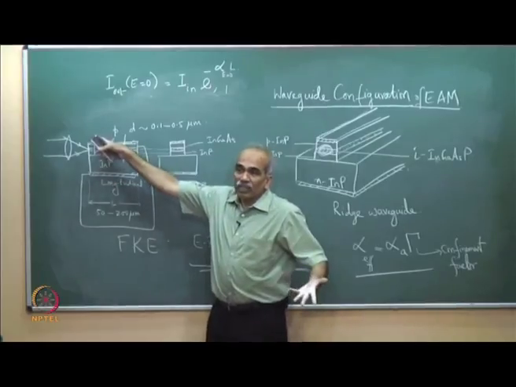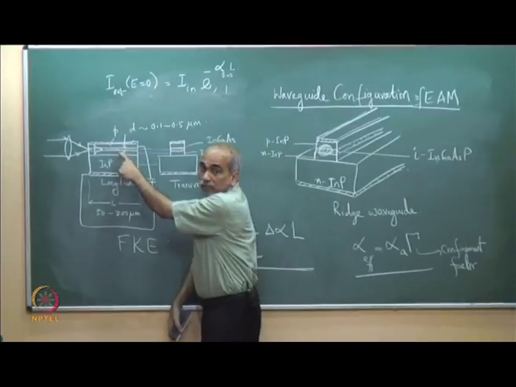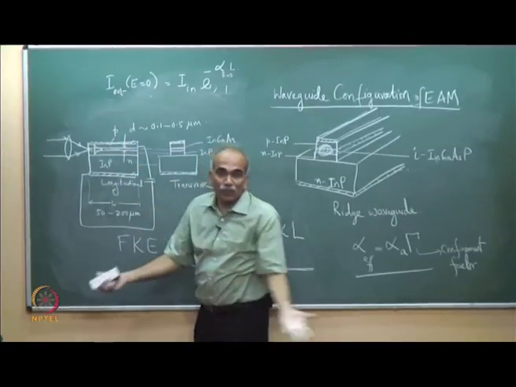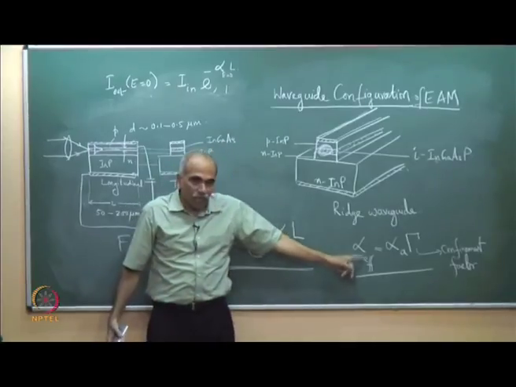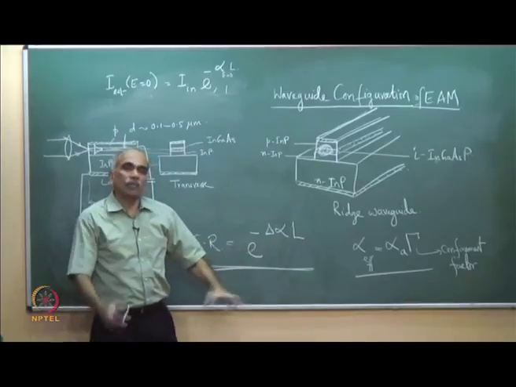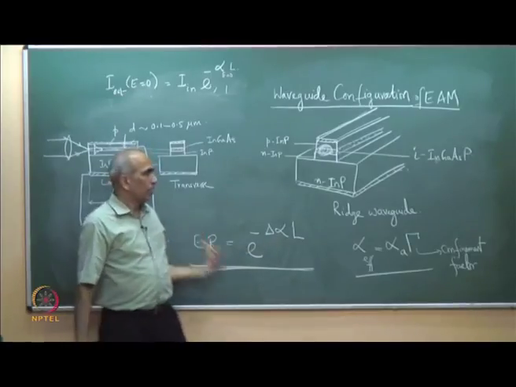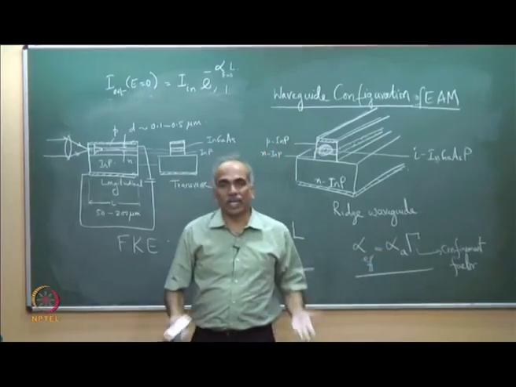The outside fraction does not see any absorption, because the material outside is a higher band gap material that is not absorbing, and therefore you have to substitute the effective alpha to calculate the real extinction ratio. Typically, this gamma is anywhere from 0.5 to 0.9.